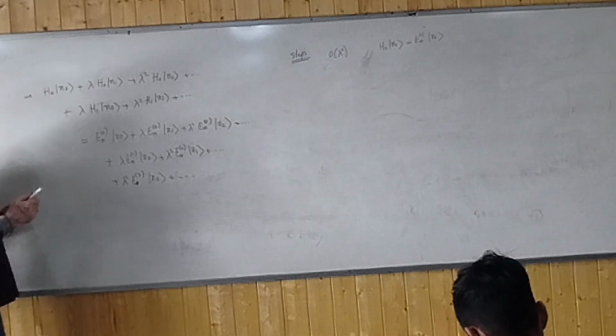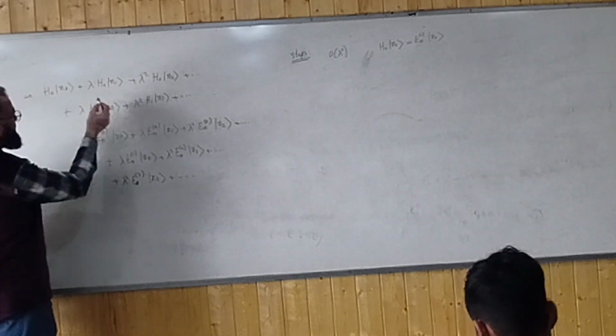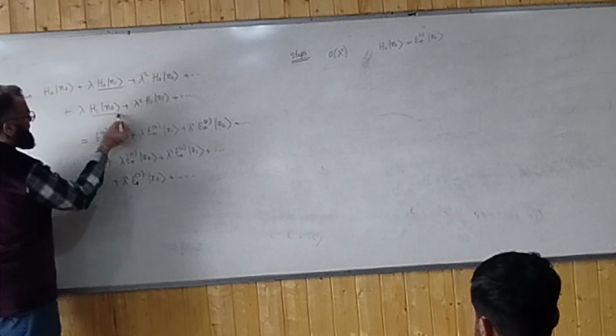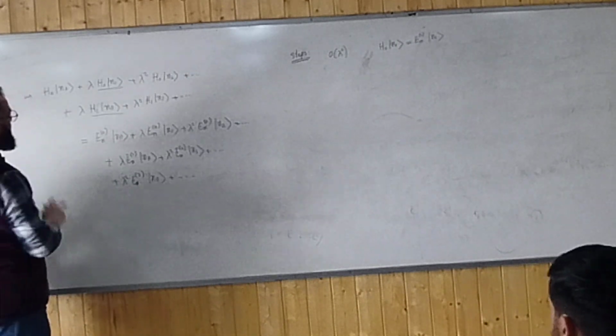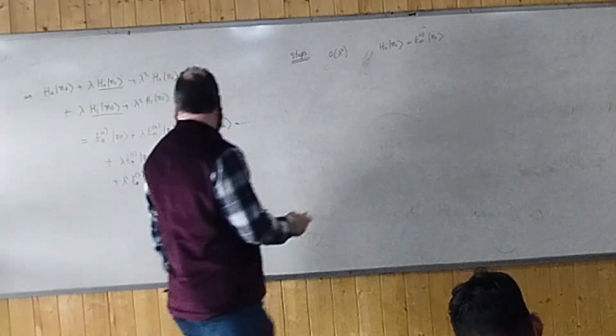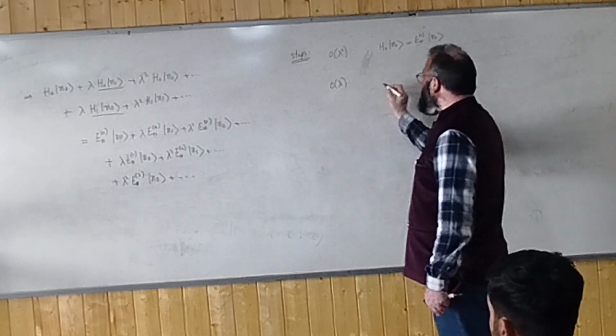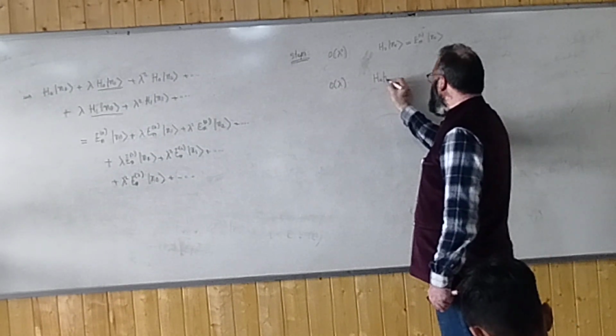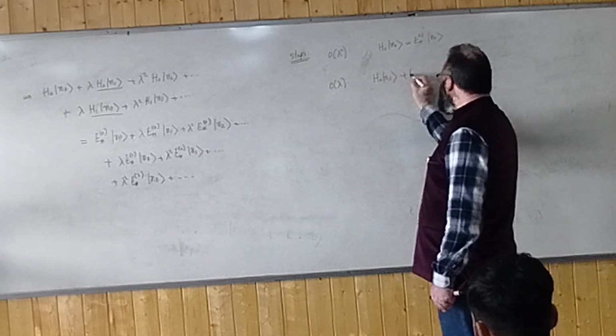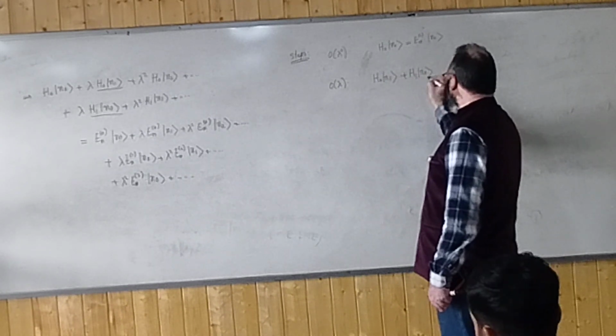Clear? Now let's look at the order lambda term. So you are having this very term here, this very term here. So let's try that. Order of lambda. What is that equal to? H0 acting on |n1> plus H1 acting on |n0>.